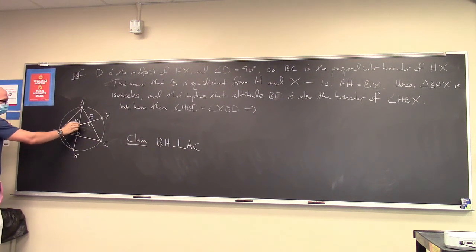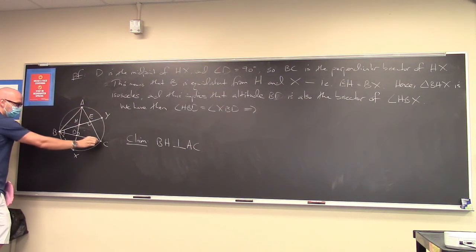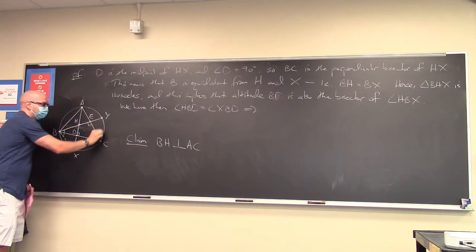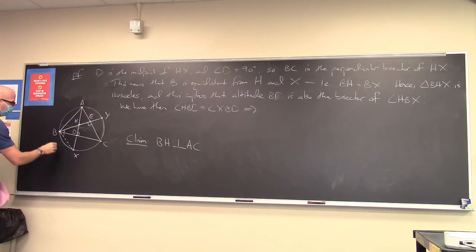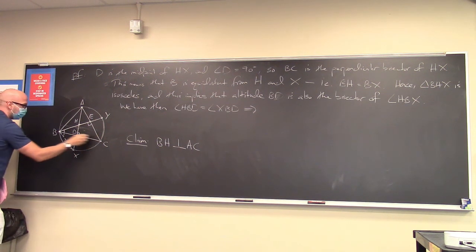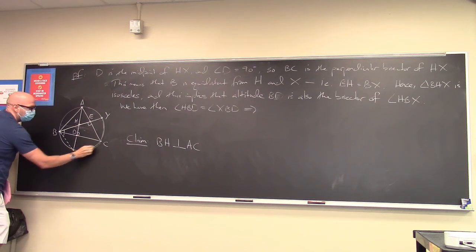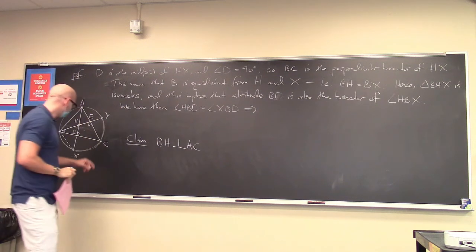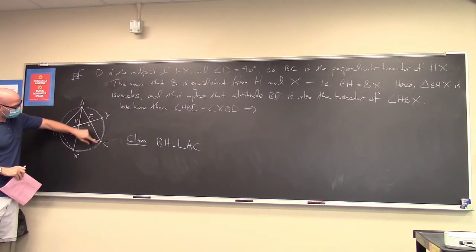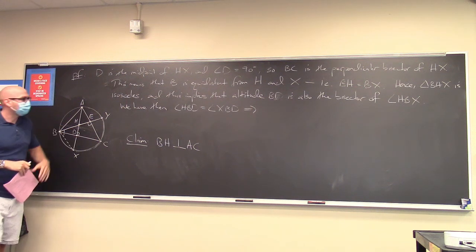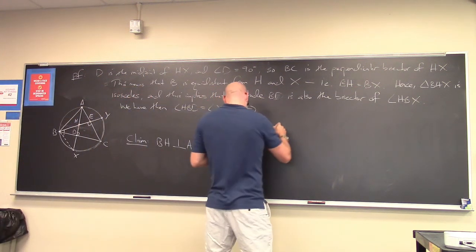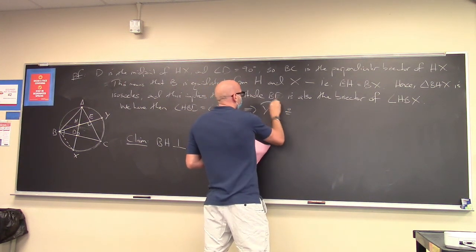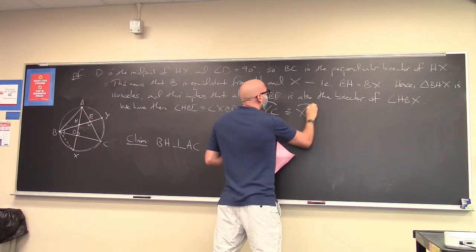Well, this angle, I've written it as HBD, but if I think of it as YBC, same angle here, that's an inscribed angle, right? And that subtends this arc. Meanwhile, DBX is the same as CBX, that subtends this arc. So those two arcs are equal in angle measure. So arc YC is the same as CX. So YC is equal in measure to, I wrote XC in my notes, so we'll call it XC.